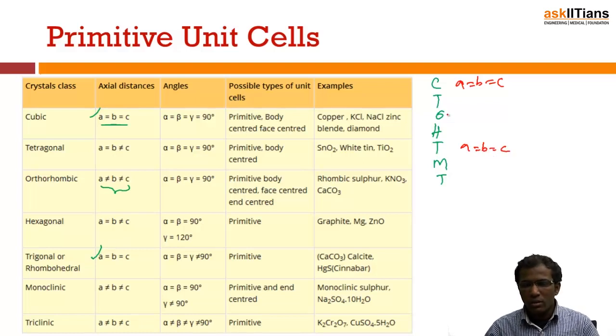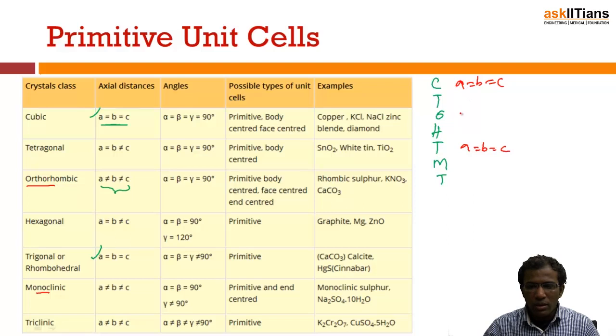But in the other 5 cases, the edge lengths are not all equal. If you take the 3 crystal systems orthorhombic, monoclinic and triclinic, we have all the edge lengths different.